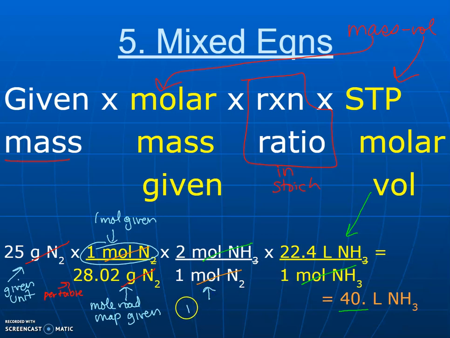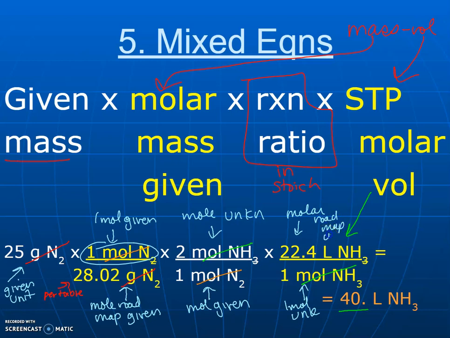Then you have your moles of your given from your balanced equation on the bottom, your moles of your unknown up top, and then 1 mole of your unknown on the bottom, and your part of your molar roadmap of your unknown in the numerator.